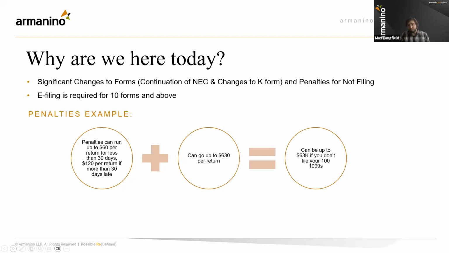So the example that's given here is if you have 100 1099s that you're supposed to be filing and you just neglect it and put it off and never file them, that can be up to a $63,000 penalty, which is significant. So the key is make sure you're filing on time, but if you don't do it on time, you still want to make sure you're not ignoring these penalties.